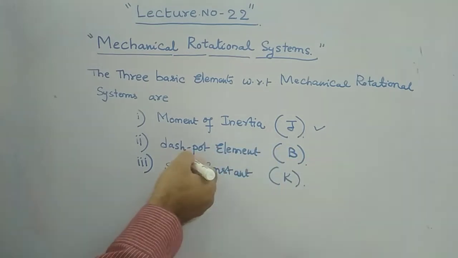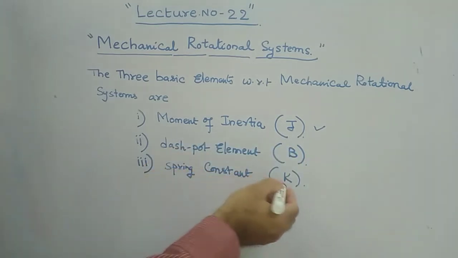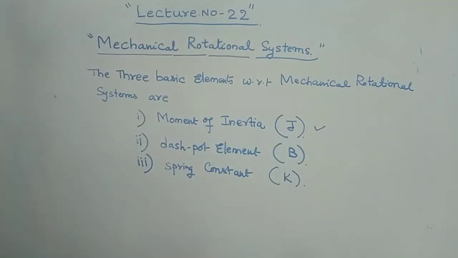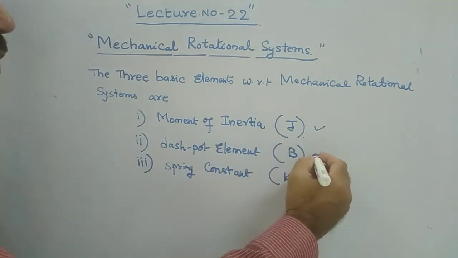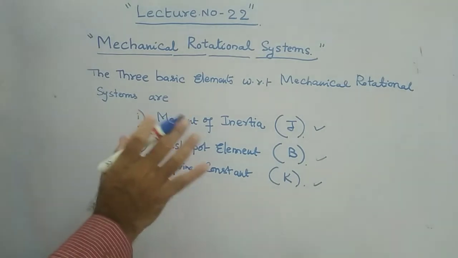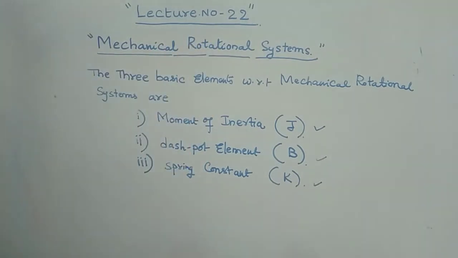Otherwise, the dashpot element B and the spring constant K are the same as we have seen in our previous presentations under the mechanical translational system. So these three basic elements are to be considered for the given rotational system.